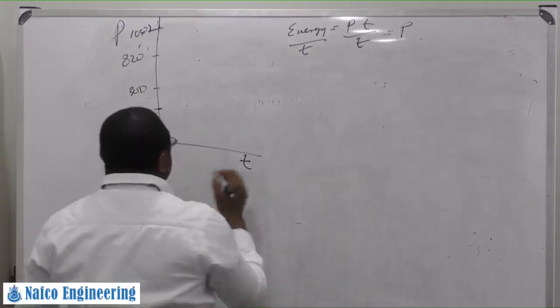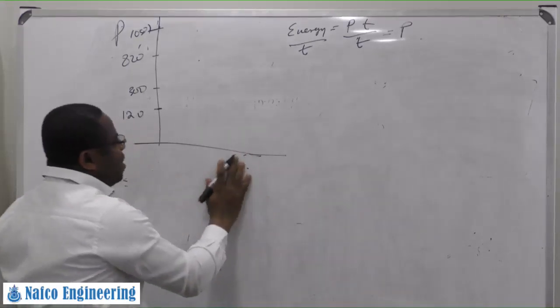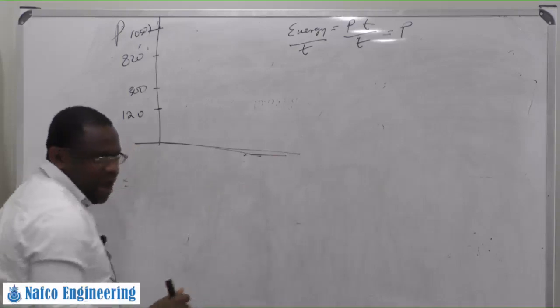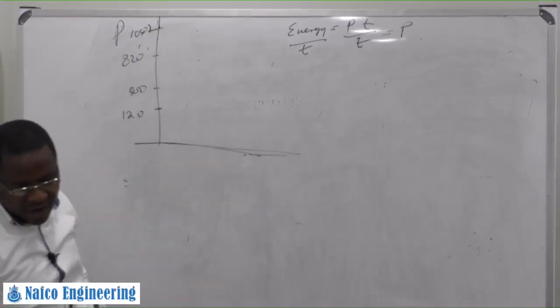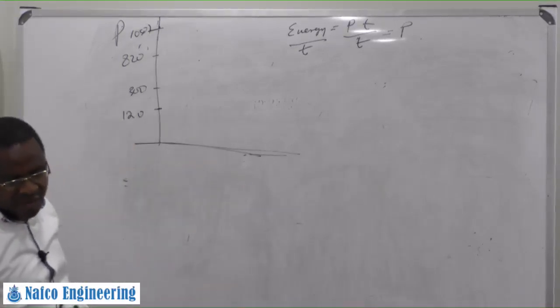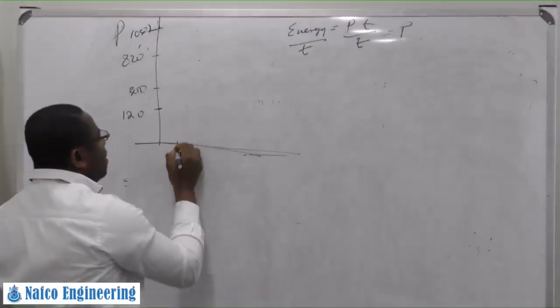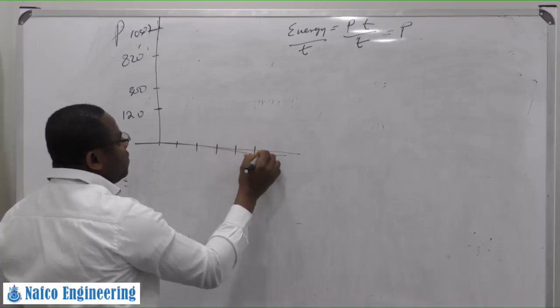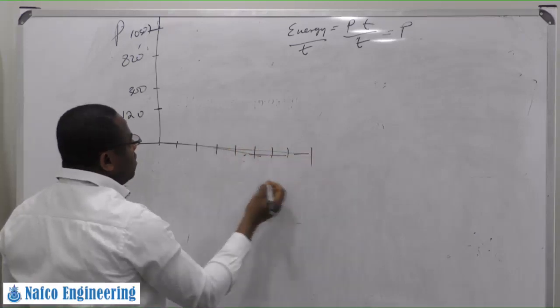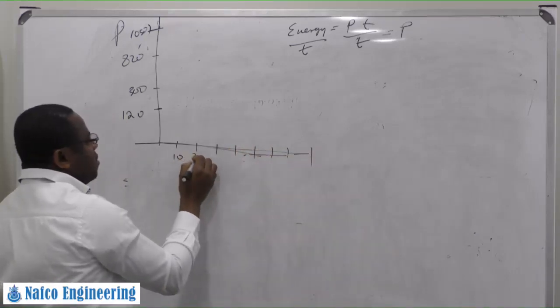Okay, that's all. Now let's put your time in. Our time is 0 to 80 seconds. So that means I have 10, 20, 30, 40, 50, 60, 70, 80.